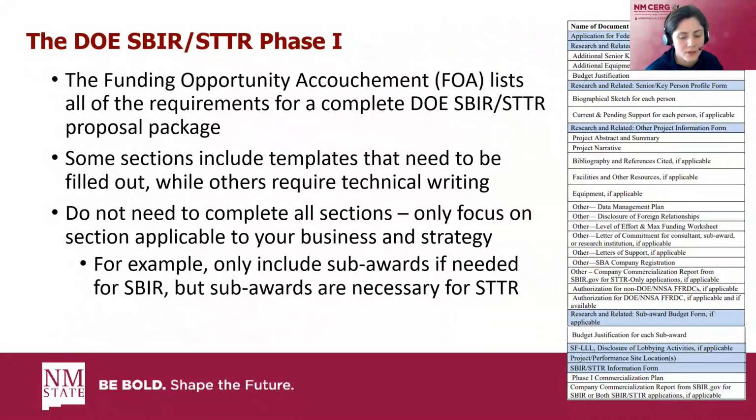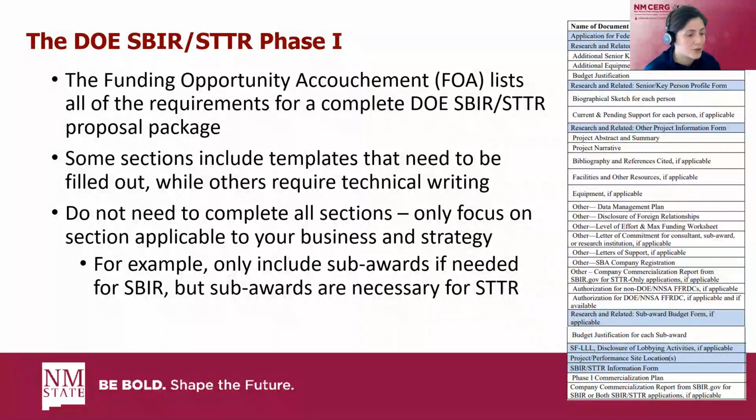Okay, so with each topic release, there is a topic document and there's a funding opportunity announcement. The funding opportunity announcement lists all of the requirements for a complete DOE proposal package. Some of the different parts of the requirements will include templates.